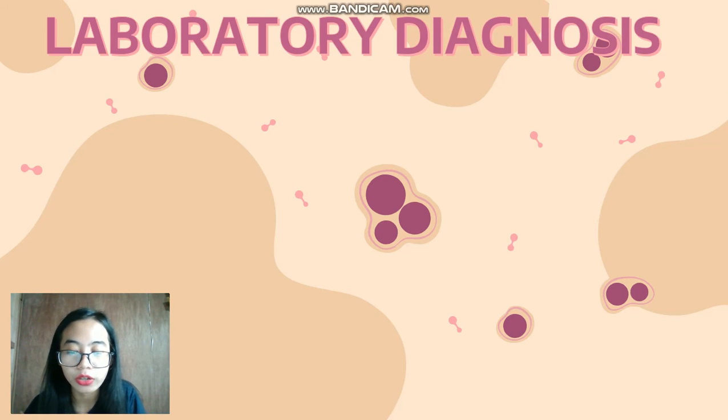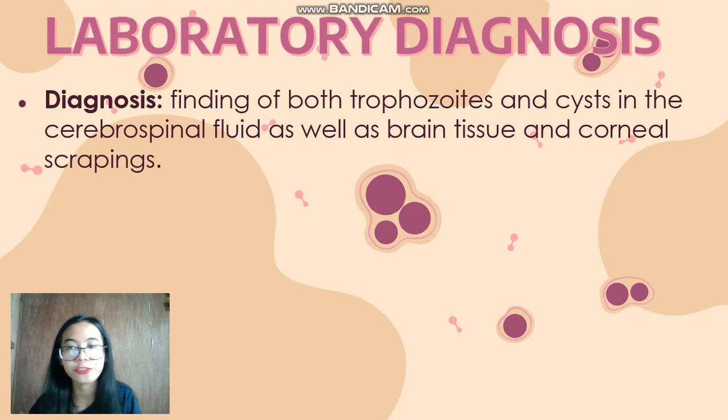In laboratory diagnosis, first is finding both trophozoites and cysts in the cerebrospinal fluid as well as brain tissue and corneal scraping. It is important to identify the trophozoites and cysts in the brain to avoid the spreading of infection.